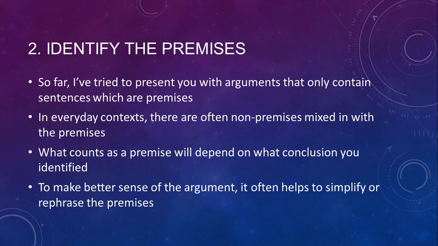So you can do things like simplify them. If it's a premise in a long, elaborate sentence, and you can think of a way to get the main idea of it in a shorter, cleaner sentence, do that. Typically, you're not going to be able to keep the entire argument in your head all at once.